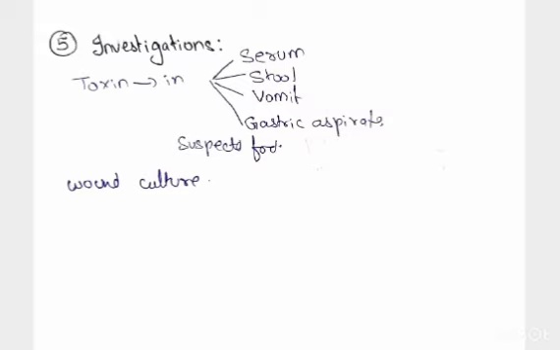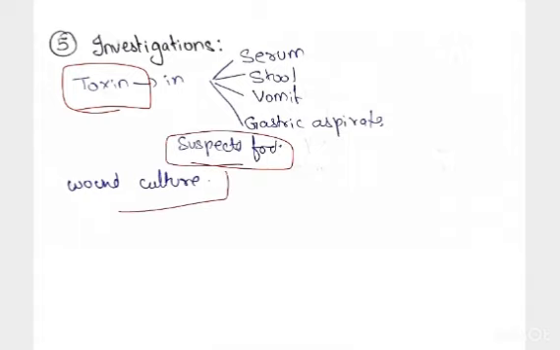In these places you have to identify the toxin, and later you have to do the culture of the suspected food and wound culture, where you can identify the Clostridium bacteria, which suggests botulism. If it is found in a wound, it is called wound botulism.